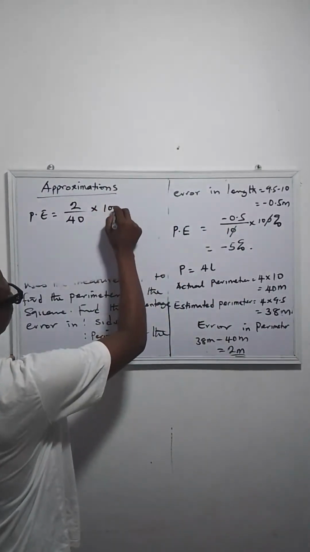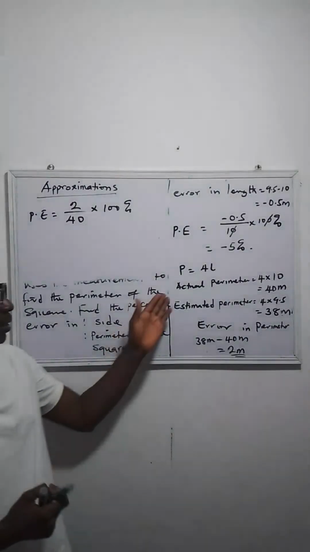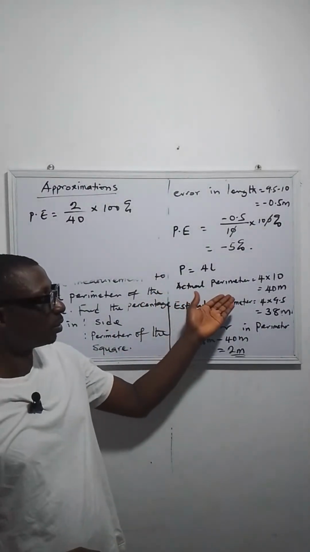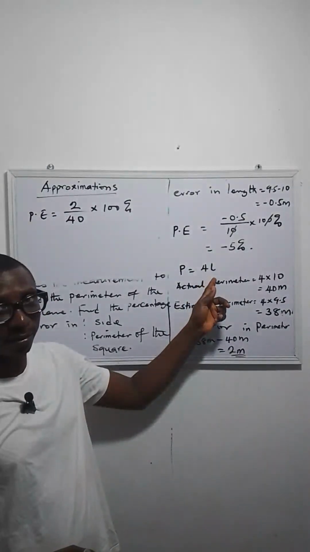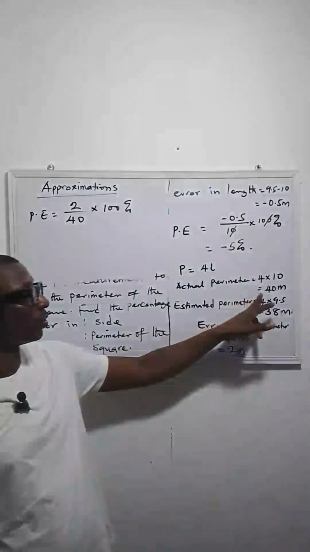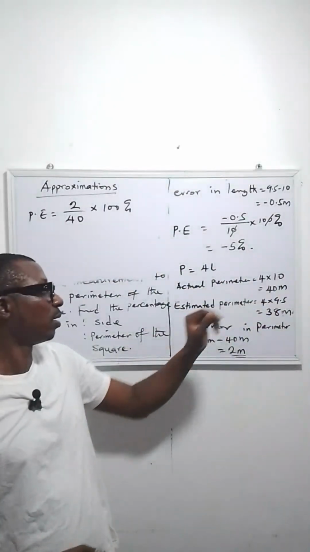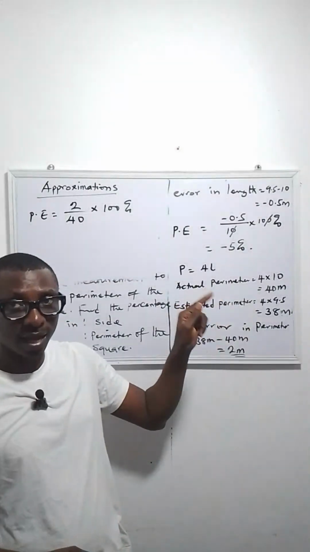Okay, so that's 100%. I hope you understand that. And let me go through it again. This is the actual perimeter. And this is the formula for perimeter, 4 times a side of the square. So that is 4 times 10. It's given in the question, that's 40 meters. Okay. All right. So the estimated perimeter, and that is 9.5.